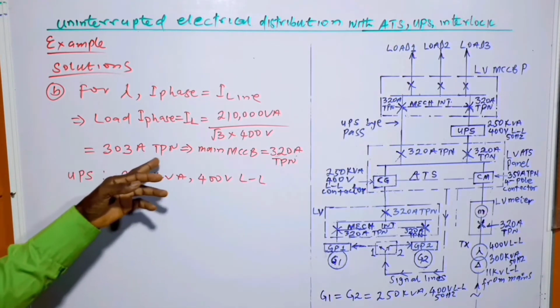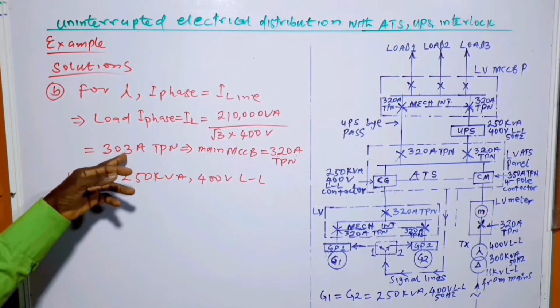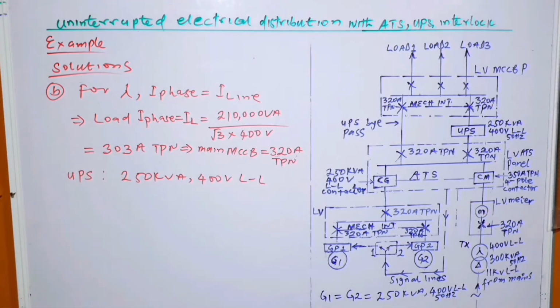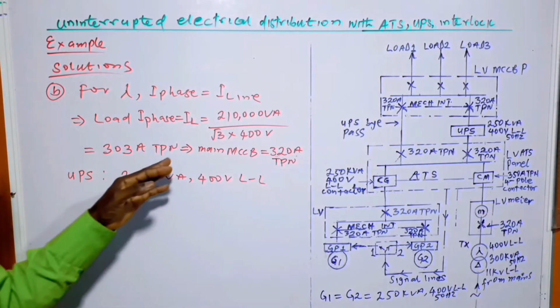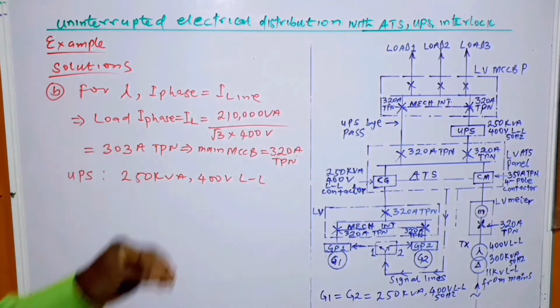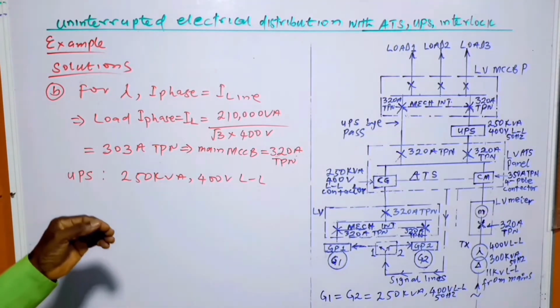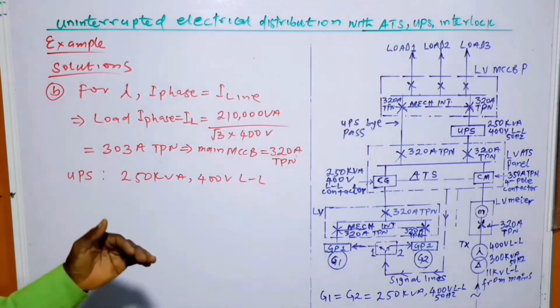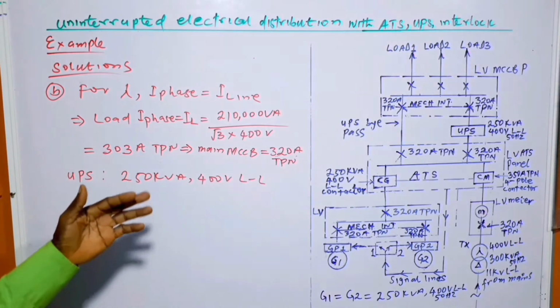It doesn't mean that the neutral current is 303, as I always mention. It only indicates that neutral is part of the system. We are having a 4-wire system, 3-phase 4-wire system.